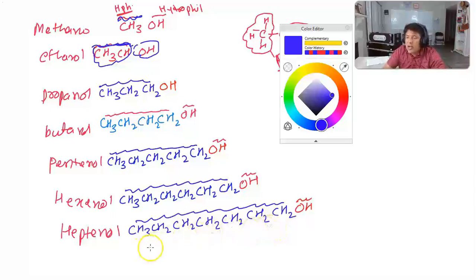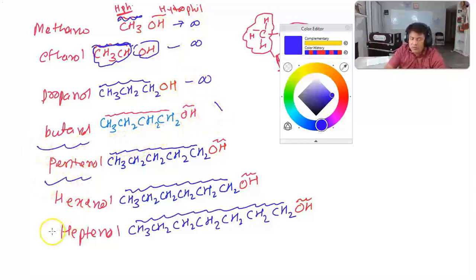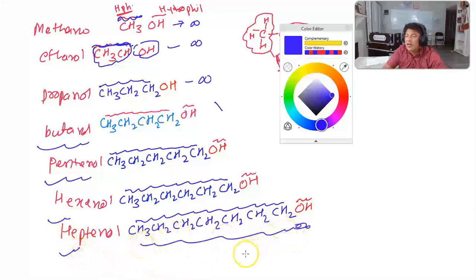That's why methanol and ethanol are infinitely soluble, and then solubility decreases. Solubility of butanol is larger than pentanol, pentanol is larger than hexanol, larger than heptanol. Eventually the hydrophobic part is so big that it dominates the hydrophilic part. That's why larger alcohols cannot dissolve in water.